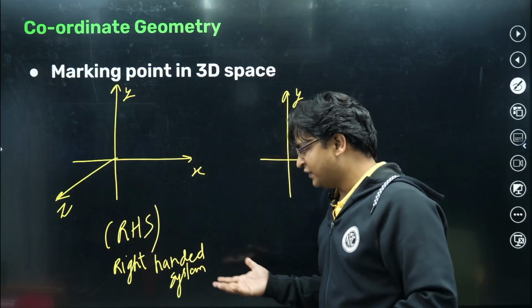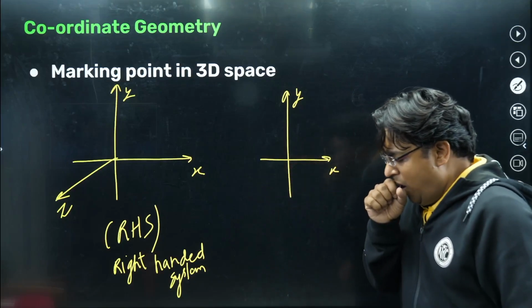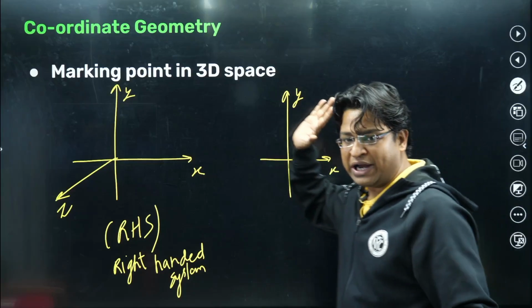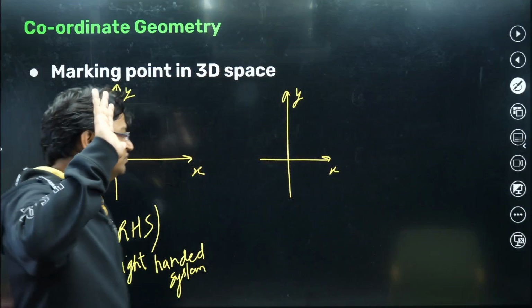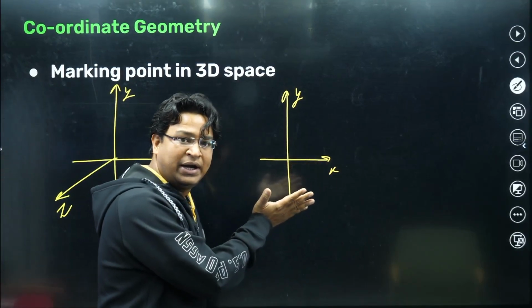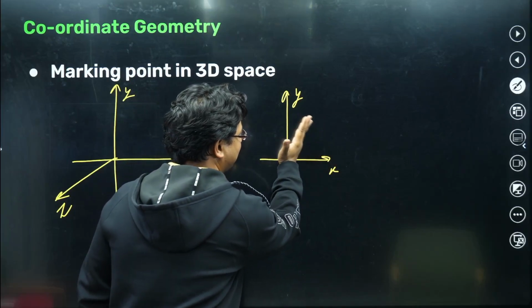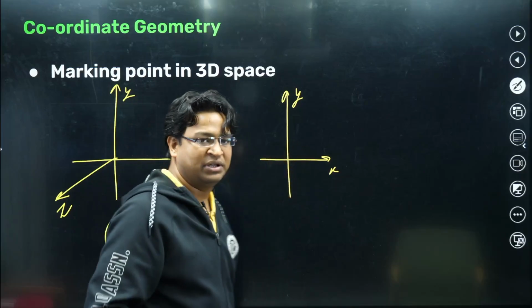Because if we have chosen the right-handed system, it means that you will use your right hand. You will place your right hand parallel to the x-axis, and then you will try to turn this right hand towards the y-axis through the angle between them.